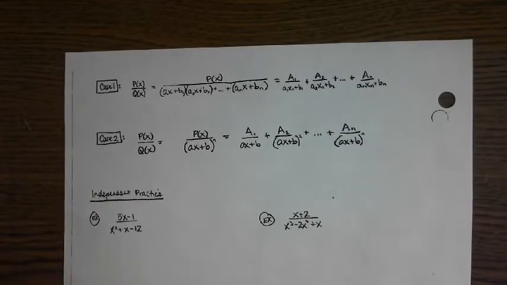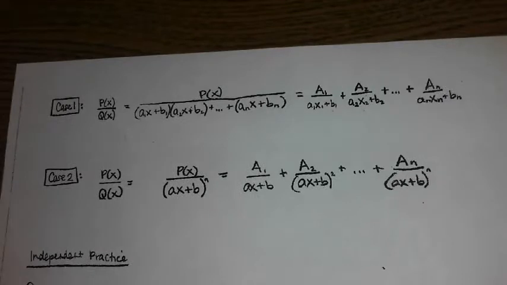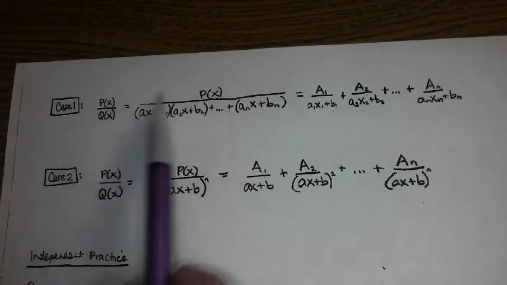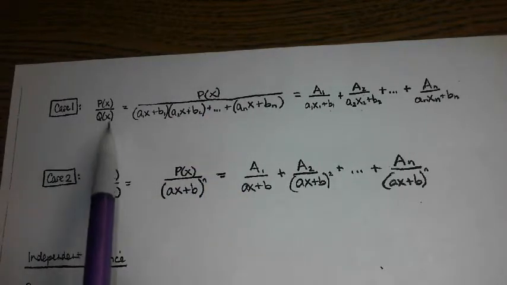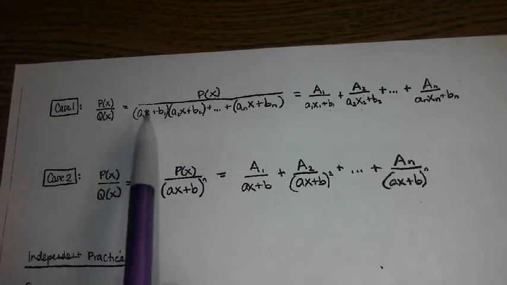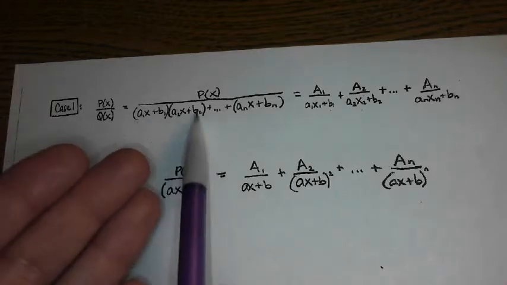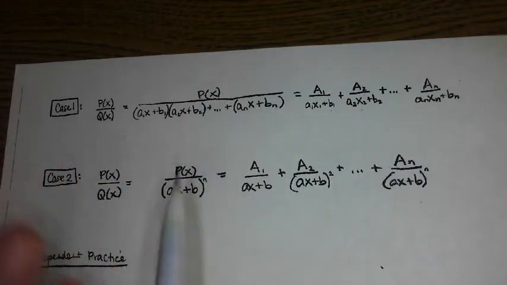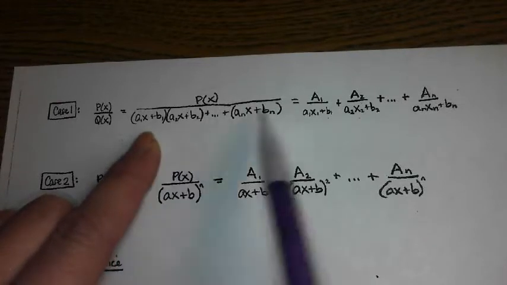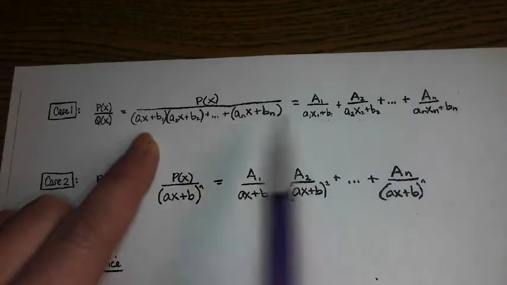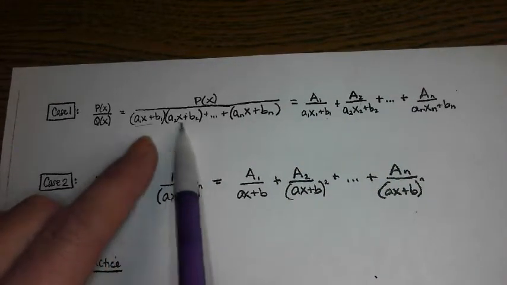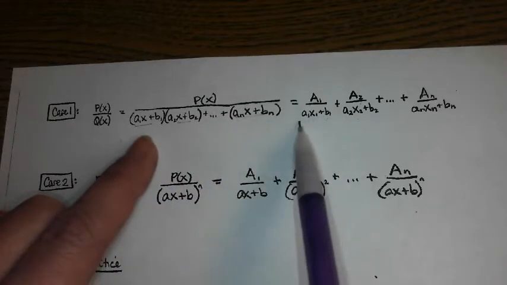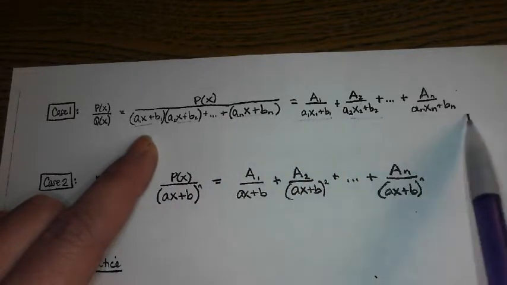Okay, so now on the back, I didn't want to start with this and scare you off, but here's really the symbolic version of each case, where you have some polynomial on top and some polynomial on the denominator. The denominator polynomial should factor into different pieces, and then to set up your partial fraction decomposition, each linear factor gets its own denominator.